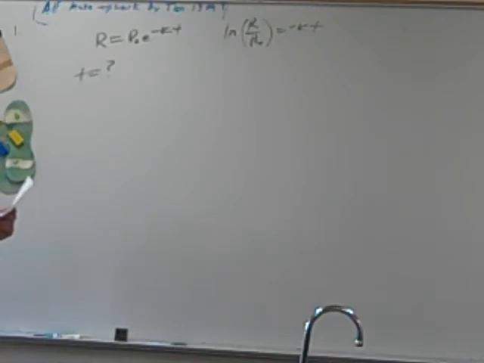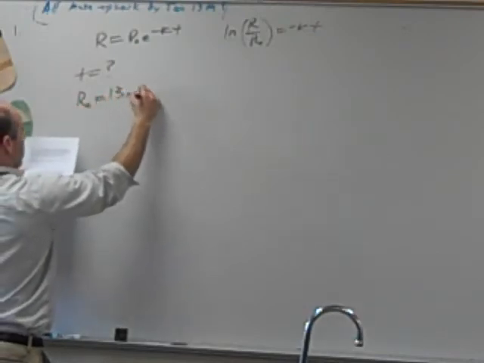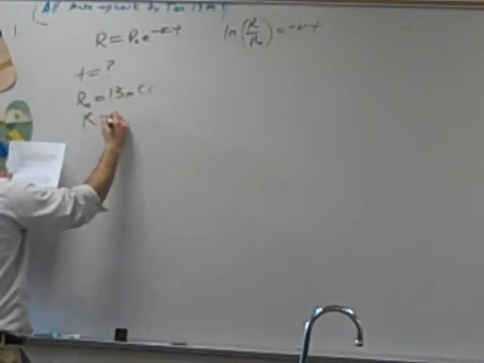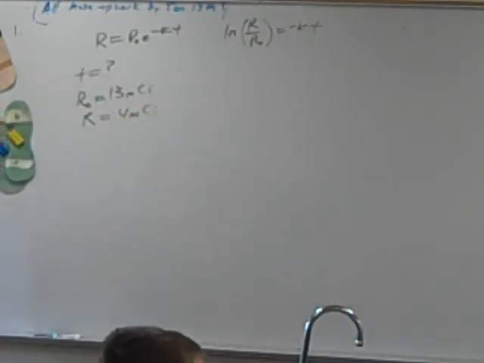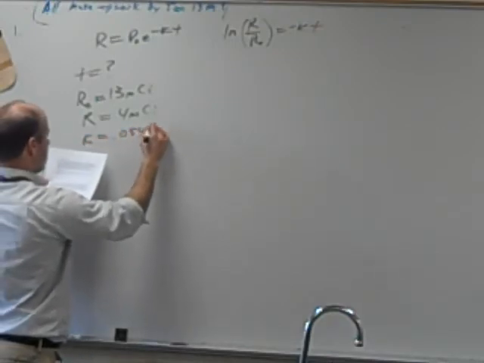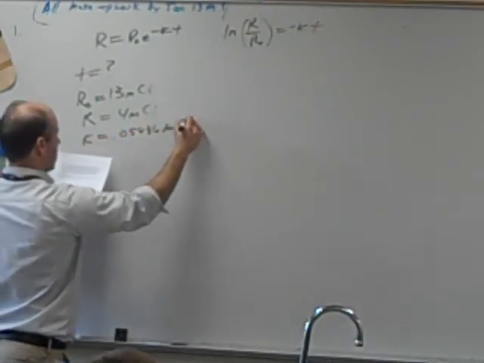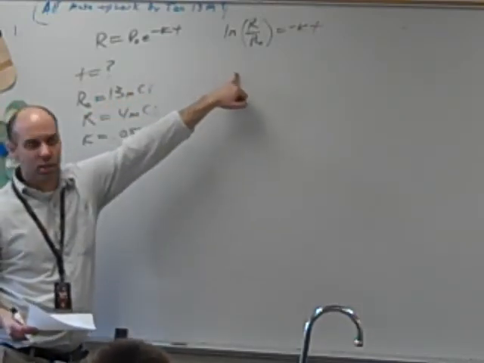So, we've got the initial injection of 13 millicuries. When it drops below 4 millicuries, she's no longer radioactive, or he, or whoever that person is. The decay constant is given as 0.05436 days inverse. So that means we're going to use this equation to find time.